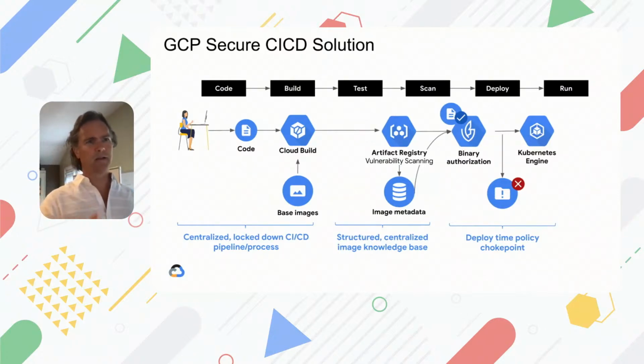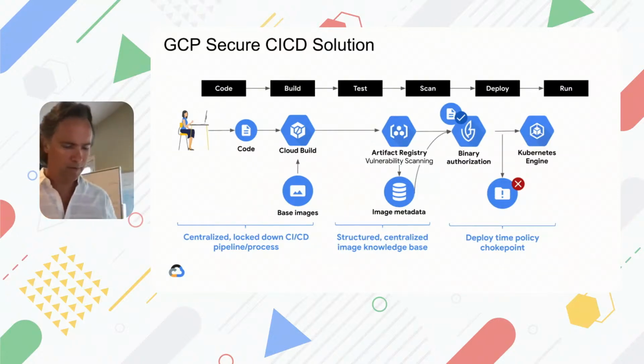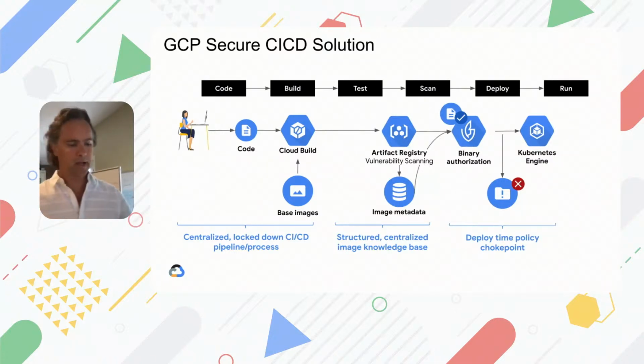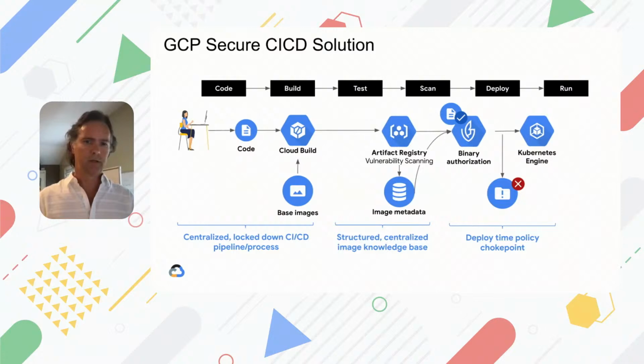And then, although it's not illustrated here, we do have a new feature called Runtime Protect, which in certain runtimes like GKE and then soon Cloud Run, you'll be able to turn this on and have continual monitoring and threat analysis on all of your running applications, your running images.